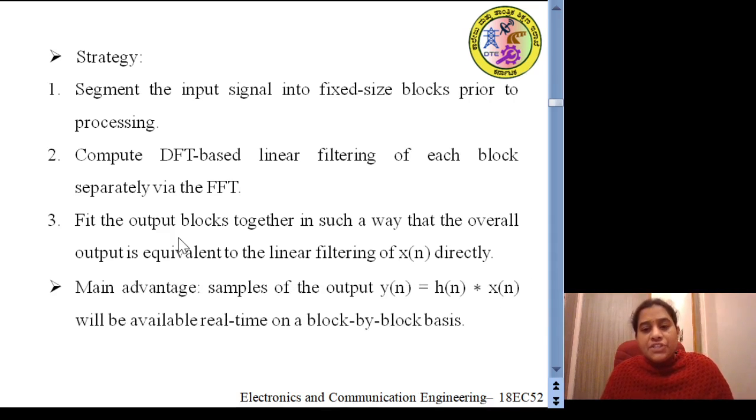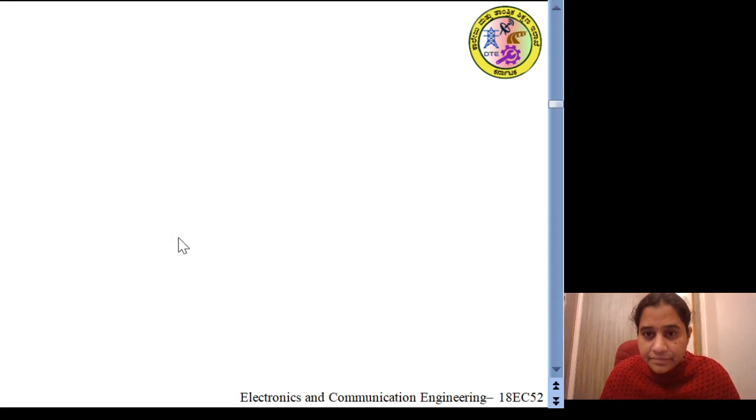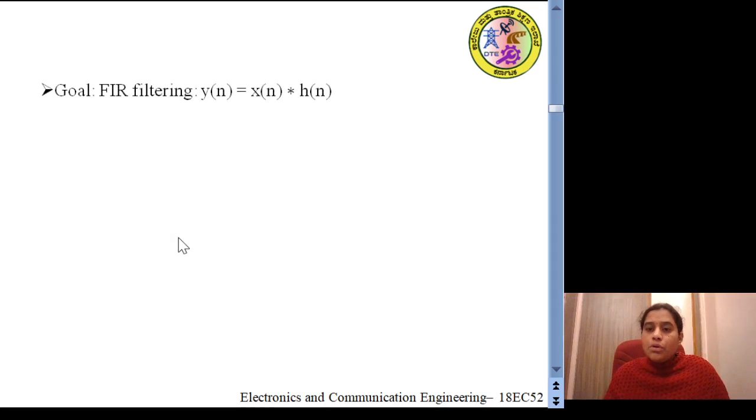The main advantage of this particular method is that the output from our LTI system will be available in real time, on a block by block basis. The main aim of this method is getting the FIR filtering.